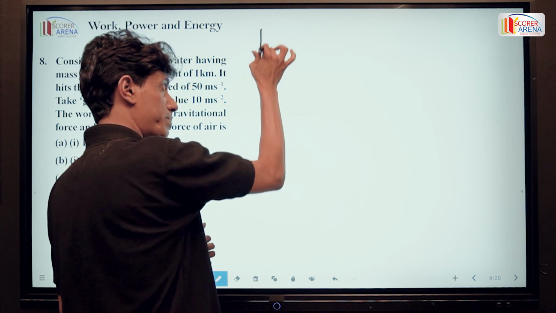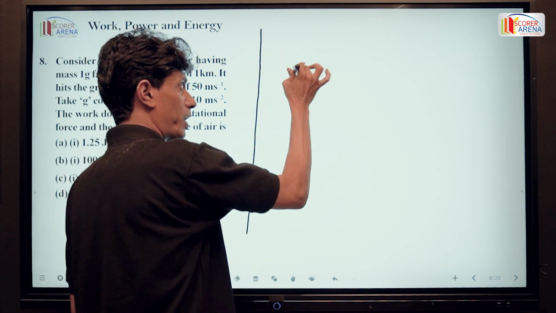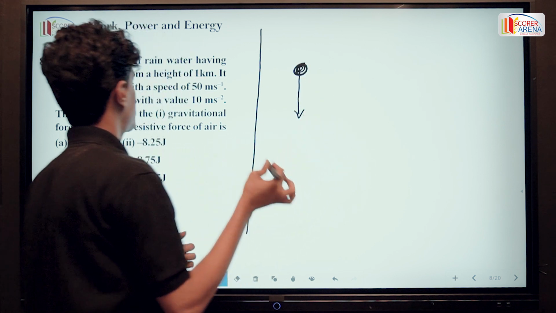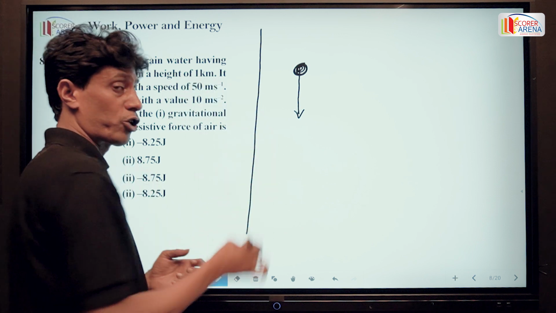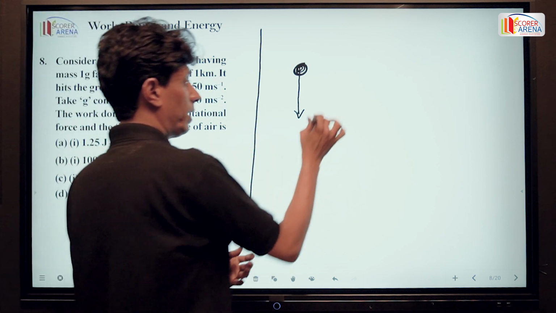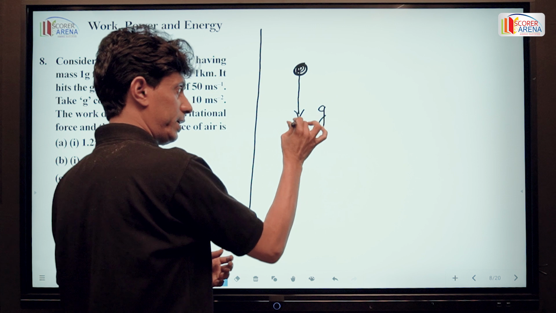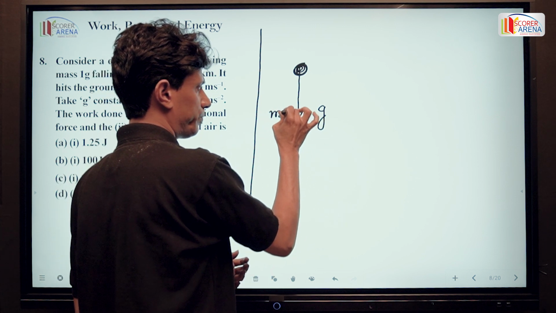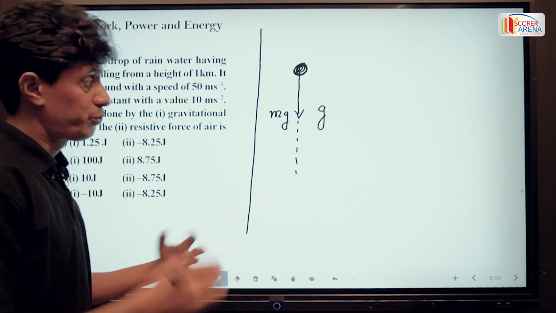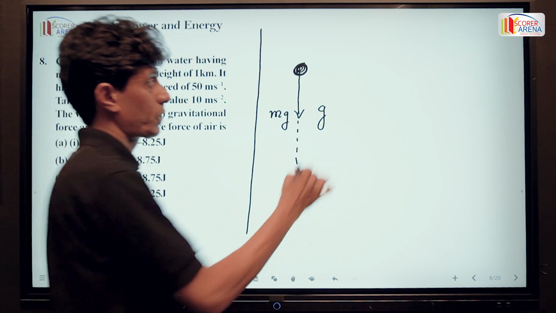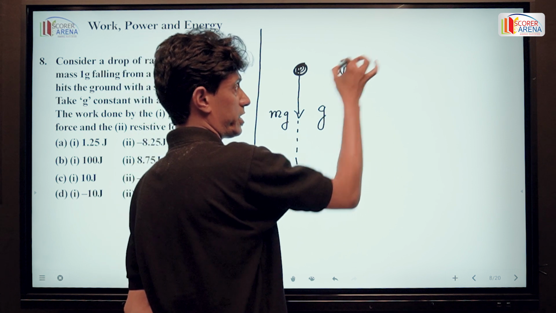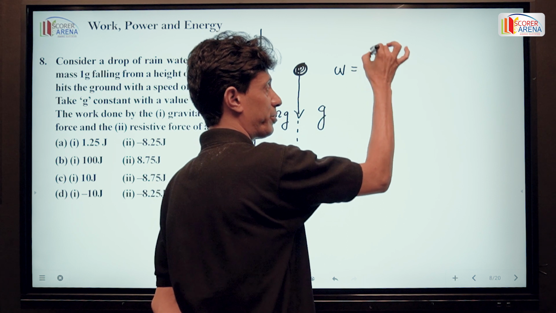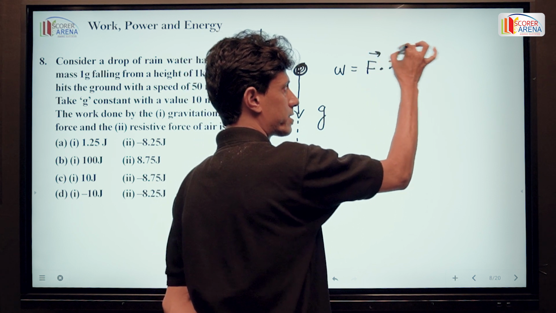So here is the same type of problem. One body is dropped from a certain height. Here the raindrop is falling down by gravity, and the gravitational force is mg. If we find the work done, since this is a constant force, we can say F dot x.